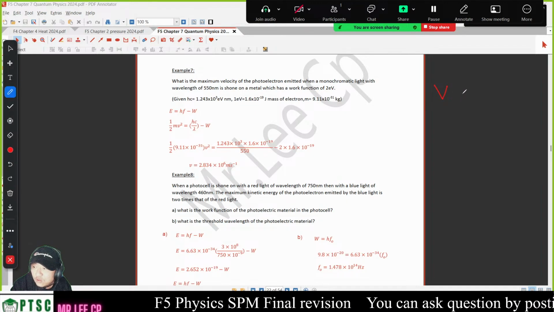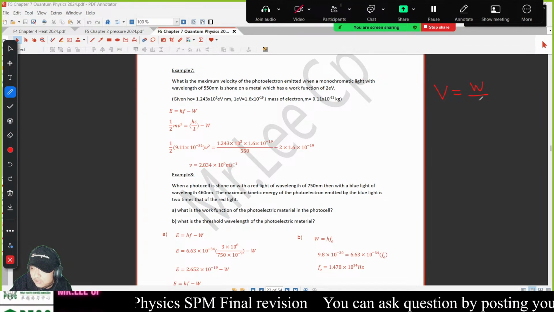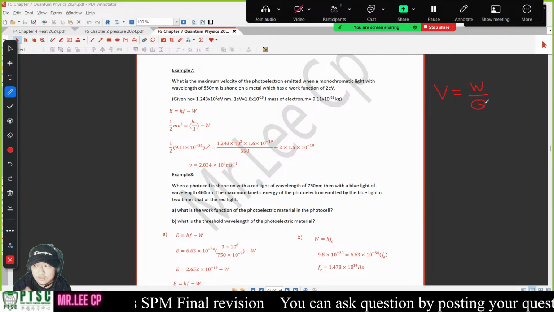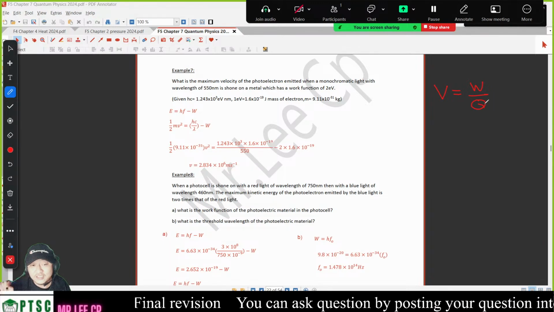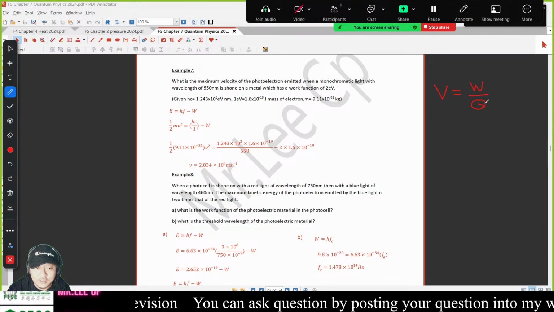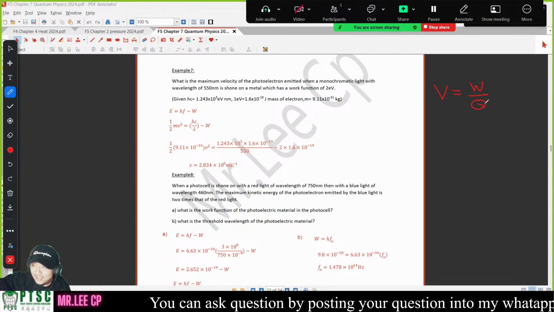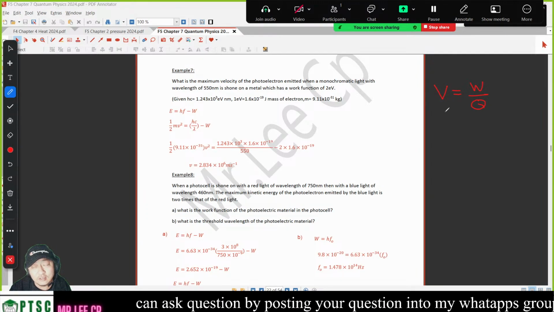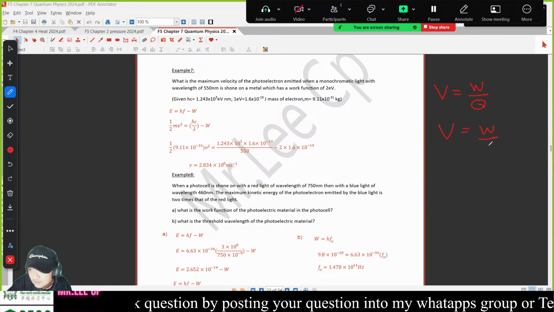So we know that the formula is V, potential difference, equals work done to carry a unit of charge, right? This one you know. Voltage, potential difference, is work done to carry a unit of charge, right? Now, what kind of charge do you have right now? Because of the electron. So, V is equal to electron.